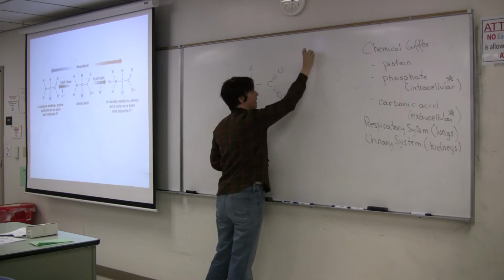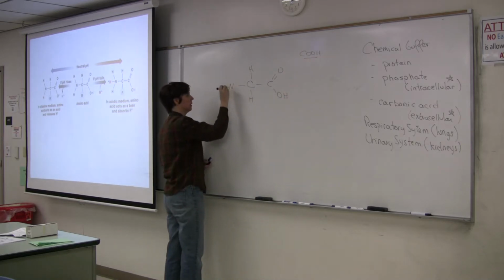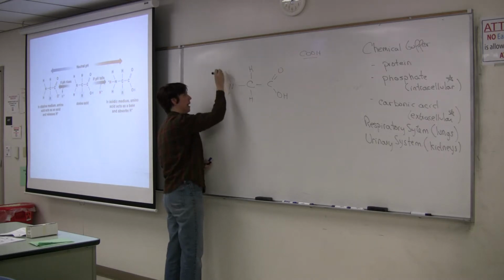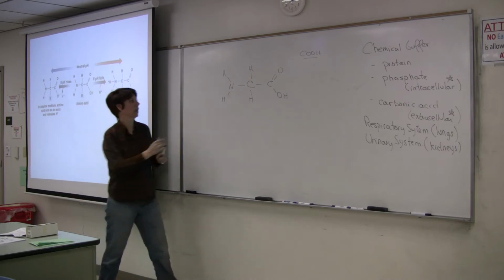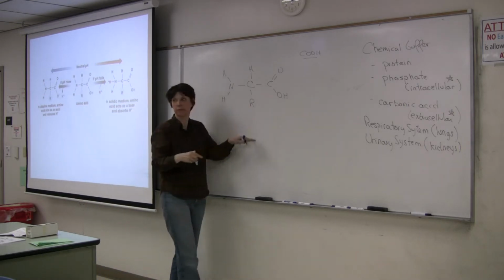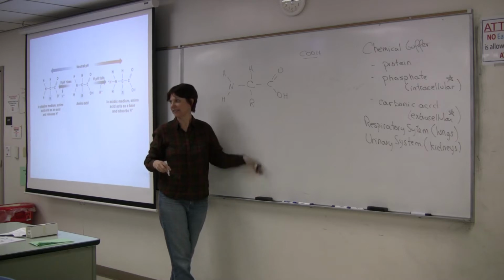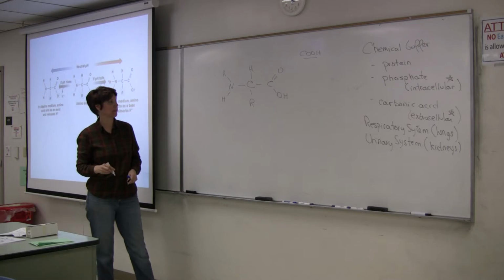And because it's an amino acid, it has a nitrogen. This is part of a protein. The rest of the amino acids would be tagged onto the end down here. The R just means additional amino acids.